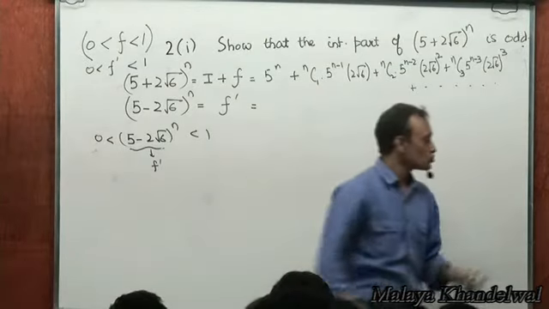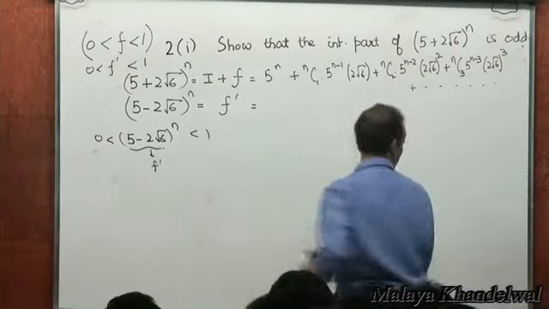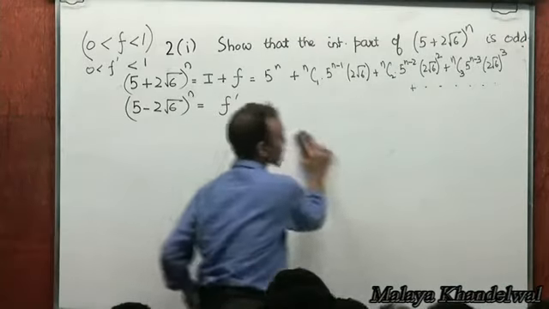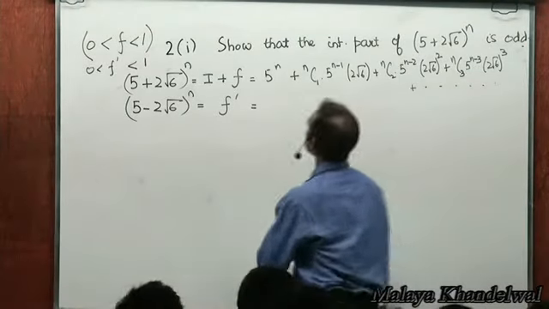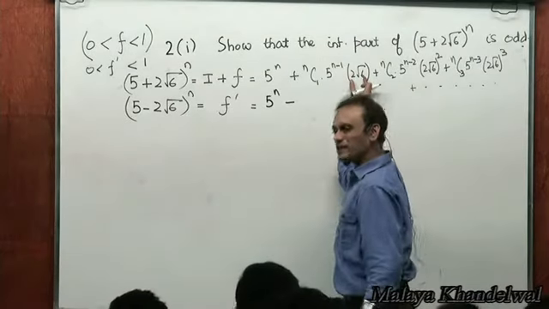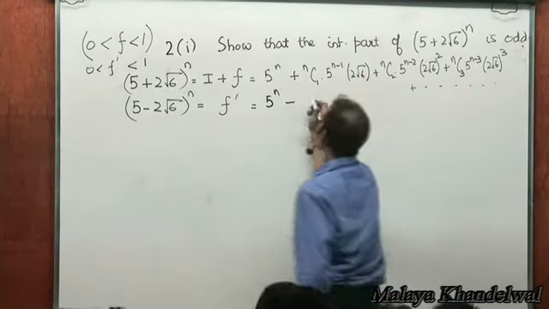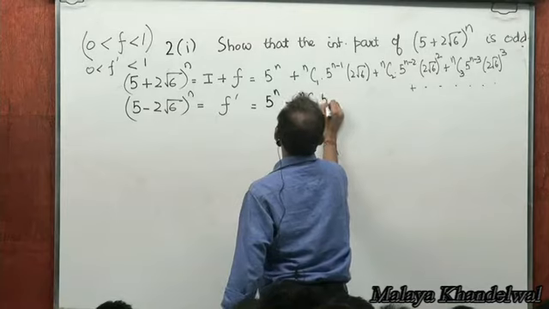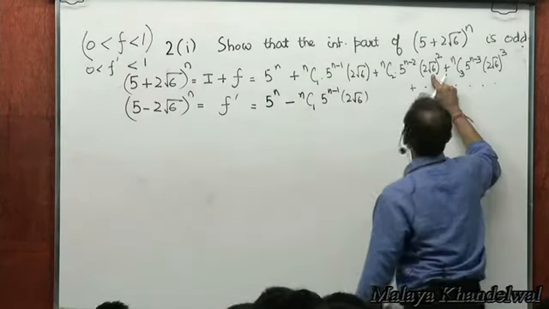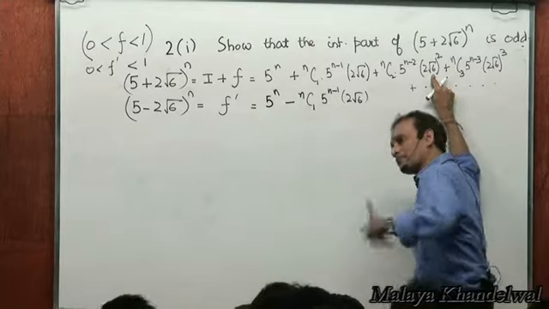So (5 minus 2 root 6) to power n is 5 to power n, this 2 root 6 replaced by minus 2 root 6, so that will be minus nC1, 5 to power n minus 1, 2 root 6. This 2 root 6 replaced by minus 2 root 6 will give me the same value.